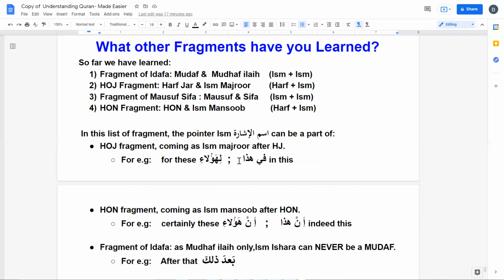For example, fi haza. Fi, we know that it's a harf of jar, and haza is ism majroor, and it is in jar status over here. Fi haza, in this. And then another example is li haulai. Li, we know that li is harf of jar, and haulai is majroor over here.